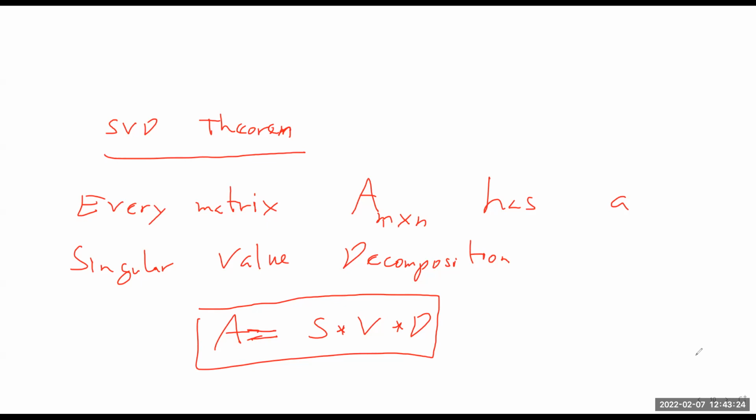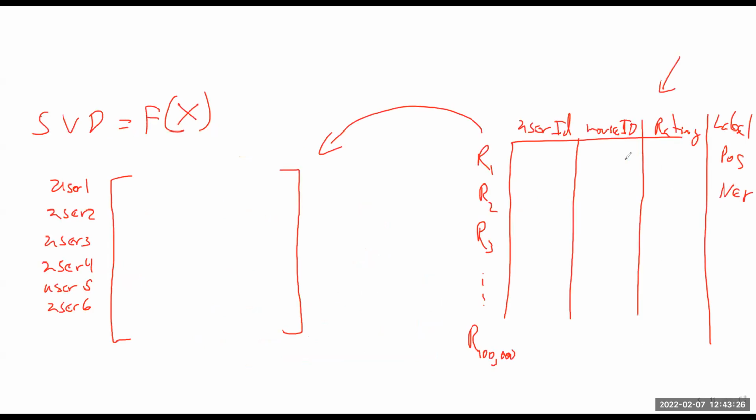So in theory, this one, because this would be m by n, assuming we ignore that these are categorical and we need numbers, could also have a singular value decomposition. However, we're not going to get out of that what we need.